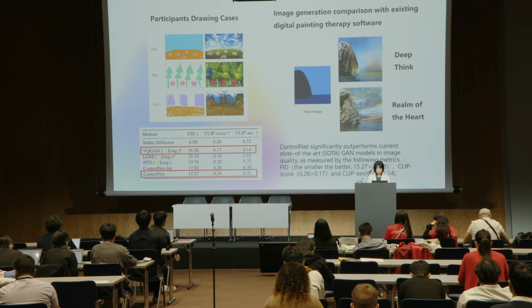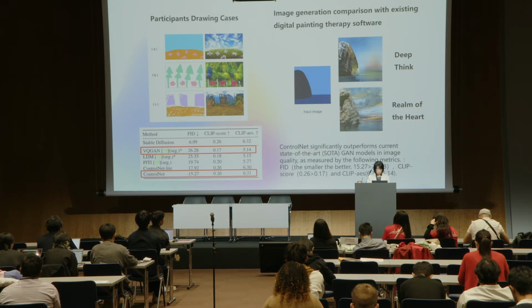And this is the Realms of Heart. The quality of the generation is okay, and ControlNet significantly outperforms the current state-of-the-art model in image quality as measured by the following metrics.